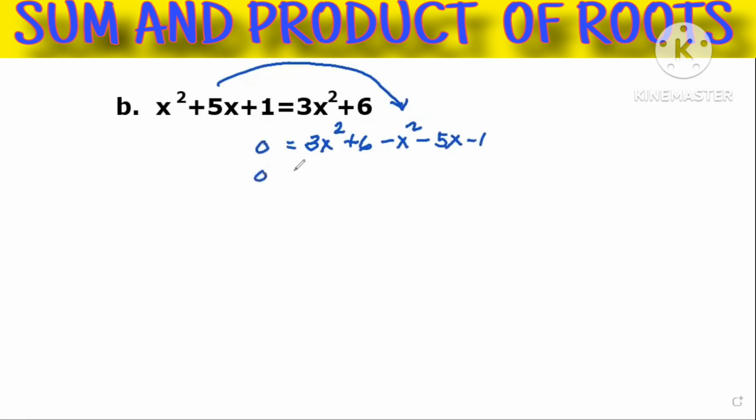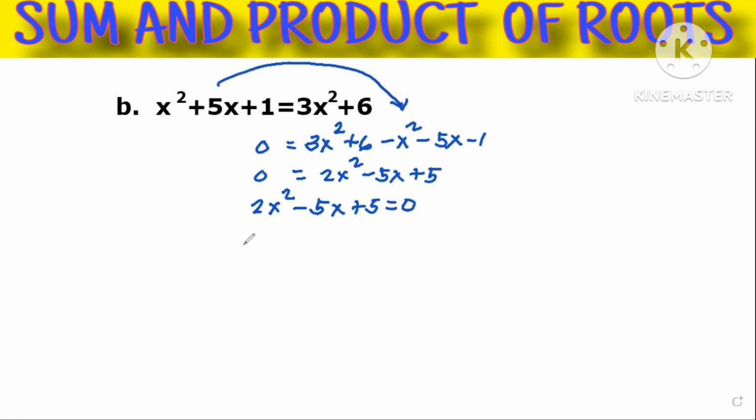Now, combining like terms, we can combine 3x squared and negative x squared. So, we have 2x squared minus 5x. 6 minus 1 is 5. Okay, saka natin baliktarin. We have 2x squared minus 5x plus 5 equals 0.